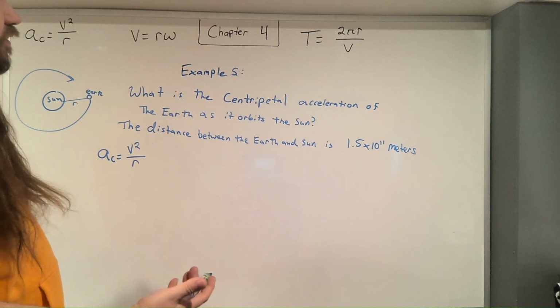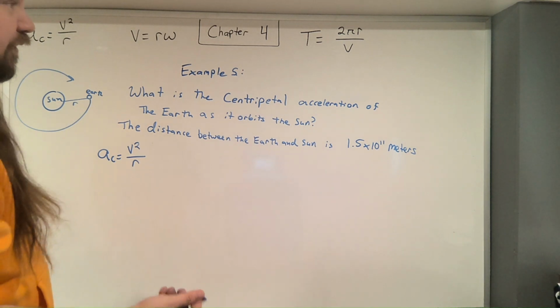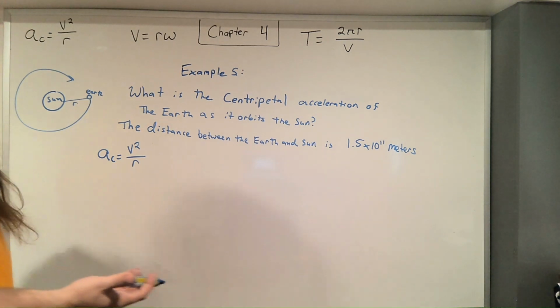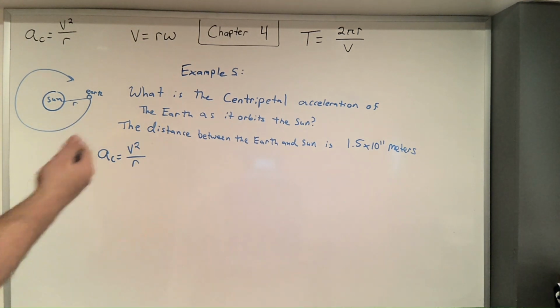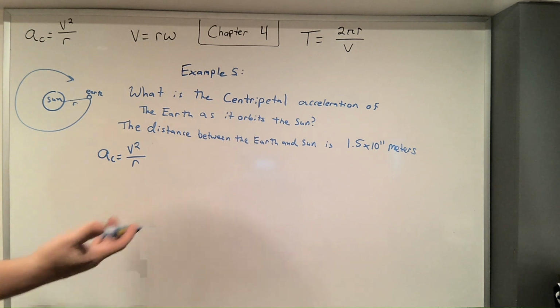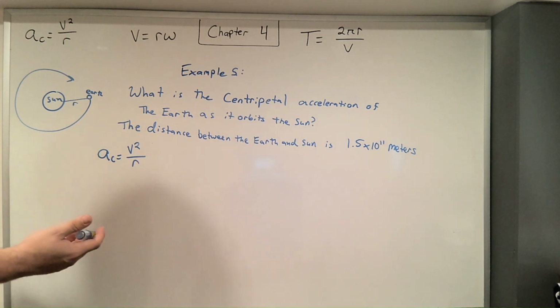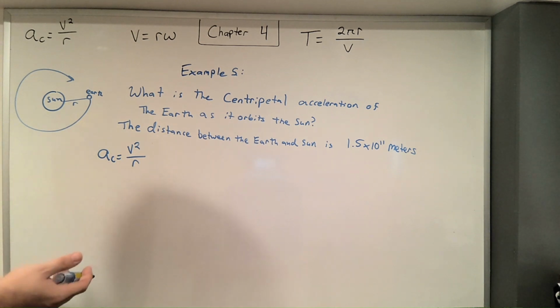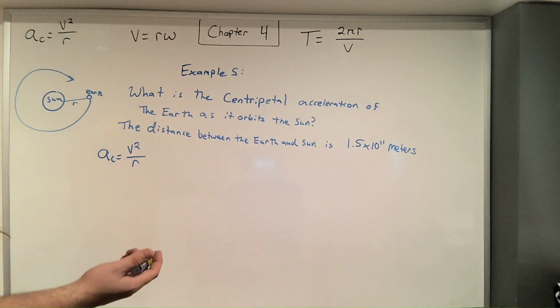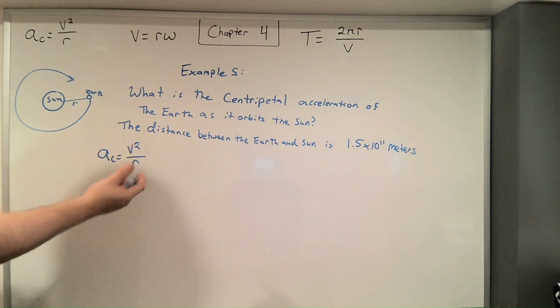I know the radius, and it involves a period. I can solve for the period because I know how long it takes for the Earth to travel around the Sun, 365 days. So that seems like a good path, right? Sometimes think this out, figure your path, and get there. So let's go with that.